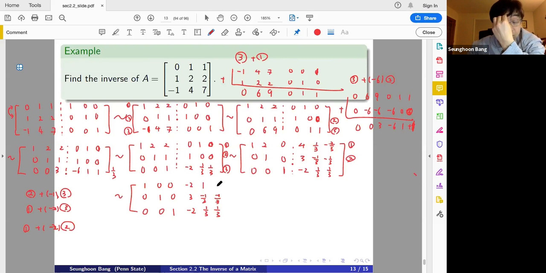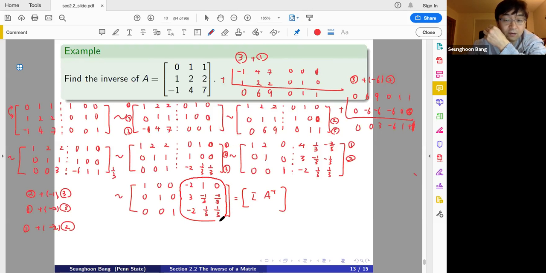The negative 2/3 plus 2/3 changes to 0. So we have it. What happens? This is exactly the same as what we have: this is I and this is A inverse. We have this kind of thing. This is the inverse of A.